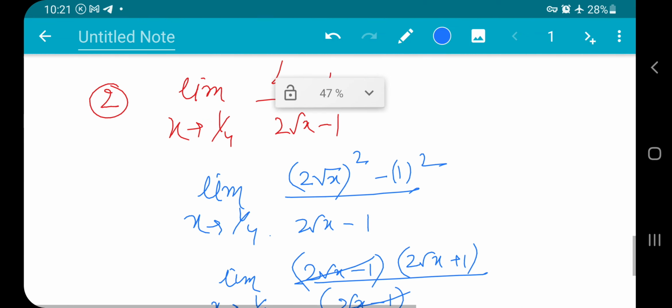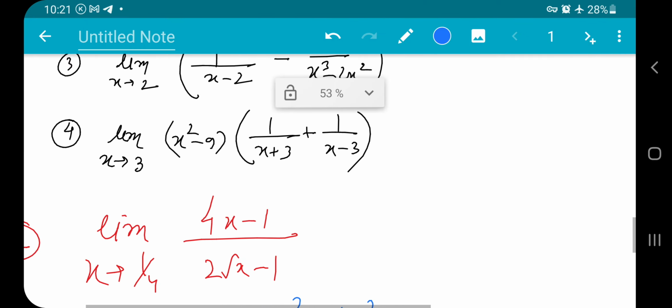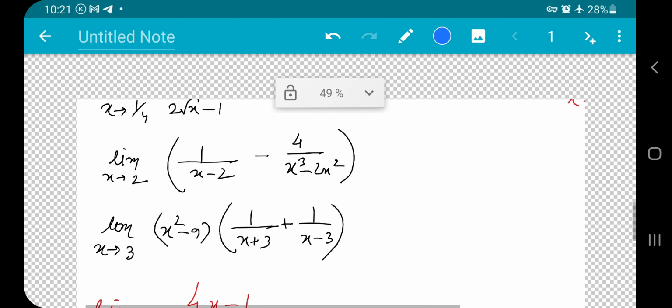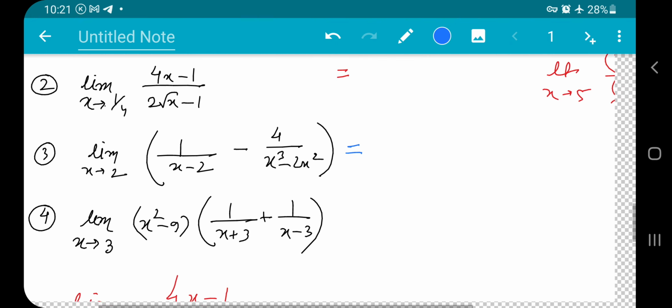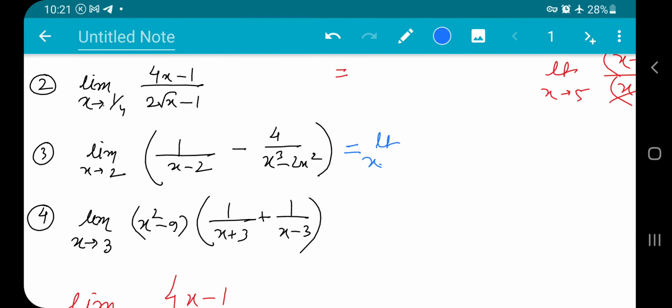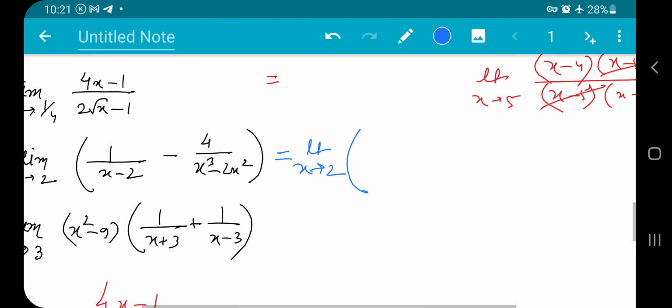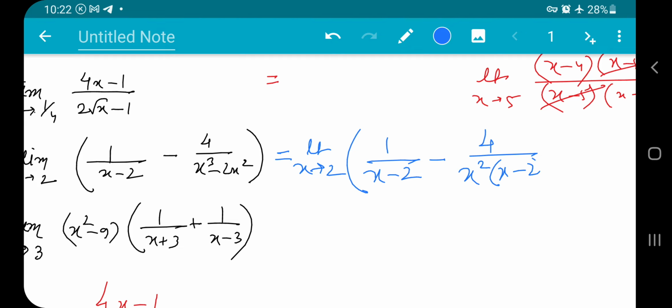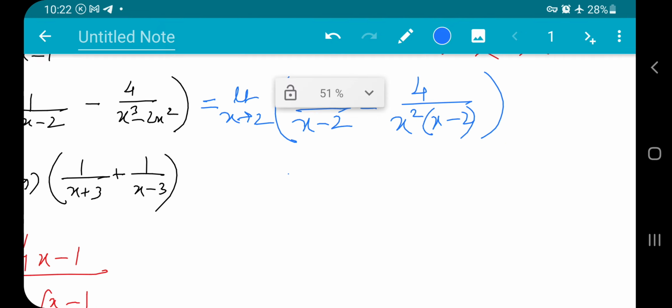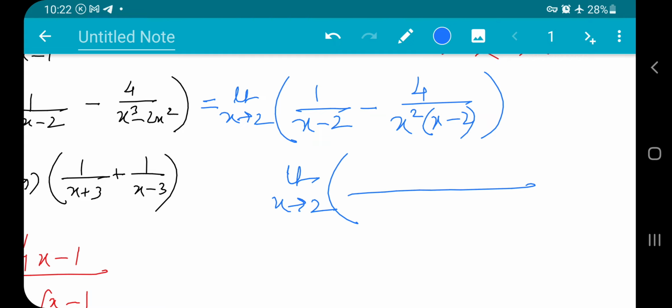So let us think about another sum. Number 3. Limit x tends to 2, 1 by x minus 2 is there. In the numerator, x square you can take common, x minus 2. Now it's easy to factorize. x square, x minus 2.